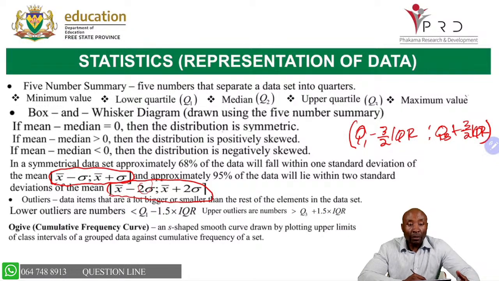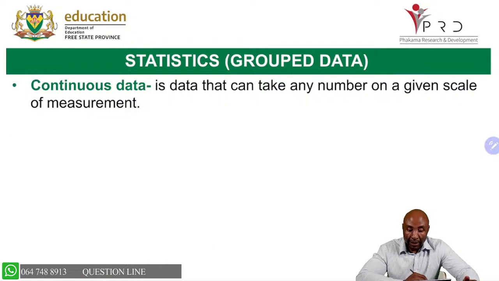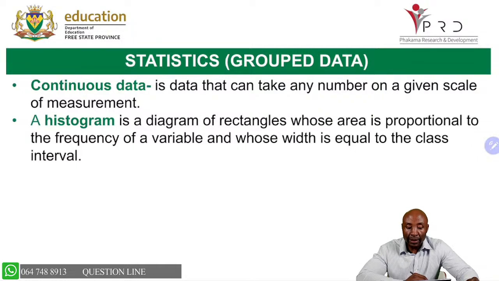Now, we also use an Ogive to represent our cumulative frequency curve. This one is S-shaped and is drawn by plotting the upper limits of the class intervals of the grouped data against the cumulative frequency of the data. We will illustrate this. We have grouped data where we are saying it's continuous data.